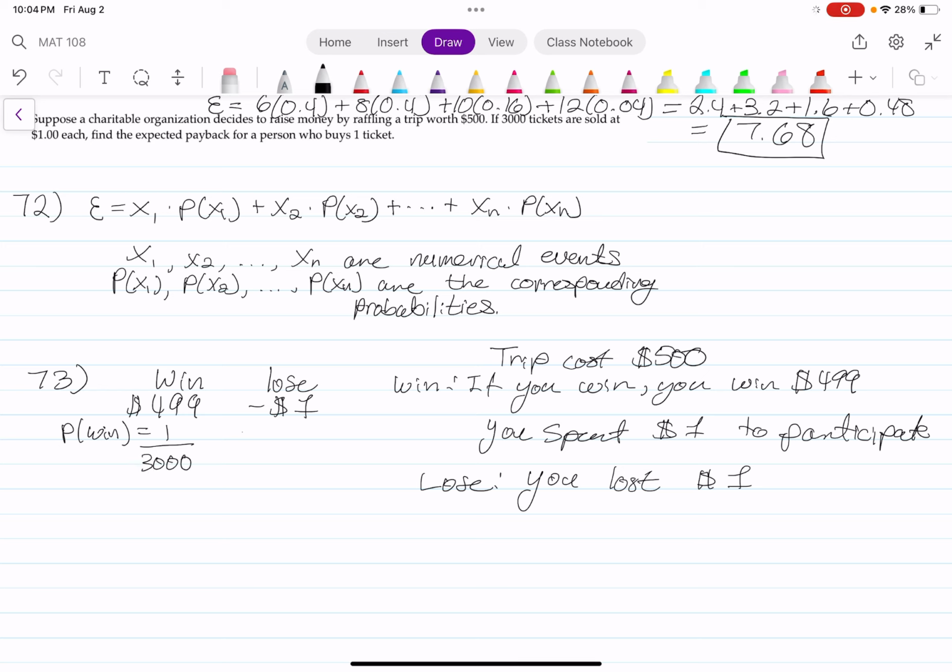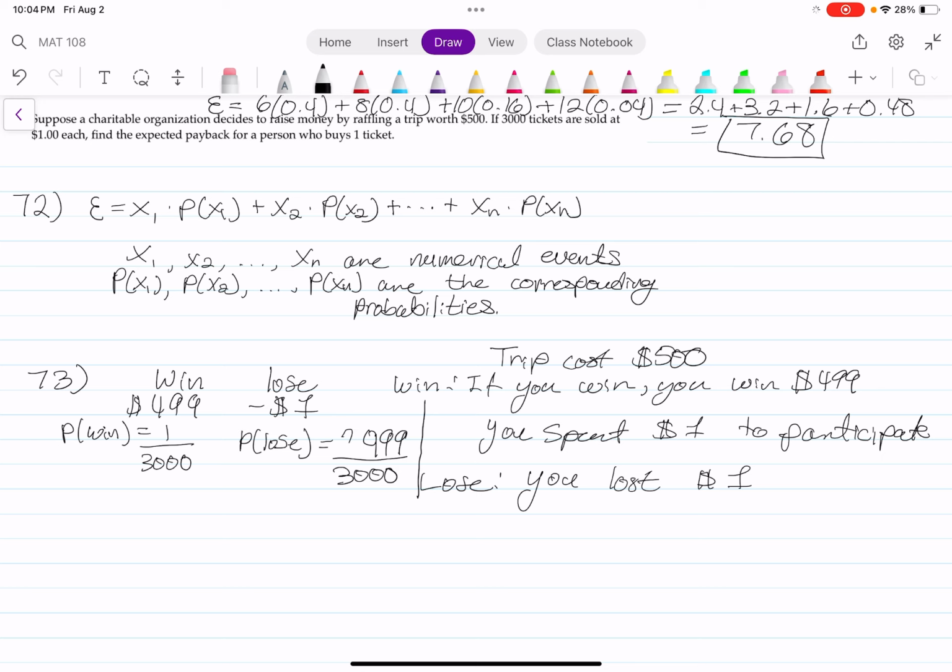And the probability of you losing is 2,999 out of 3,000. Once again, you sold 3,000 tickets. There's only one prize, which means only one ticket out of 3,000 guarantees you the prize. The other 2,999 tickets means you will not be receiving the prize.